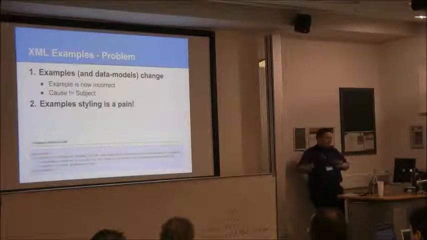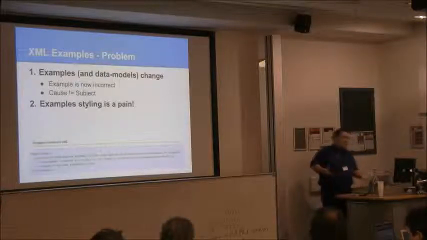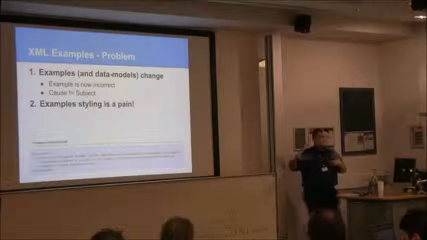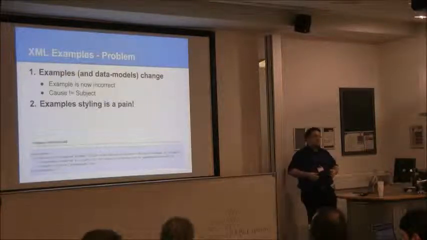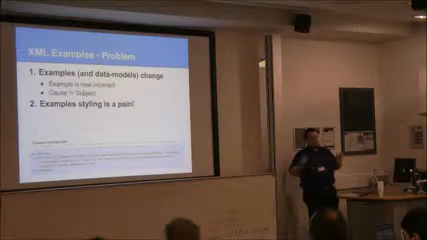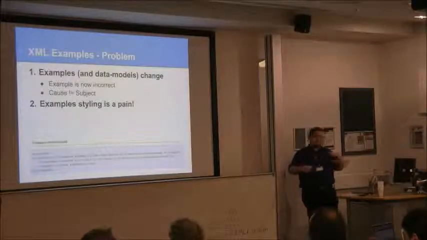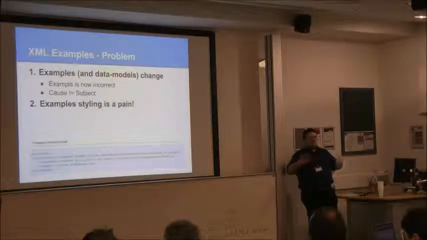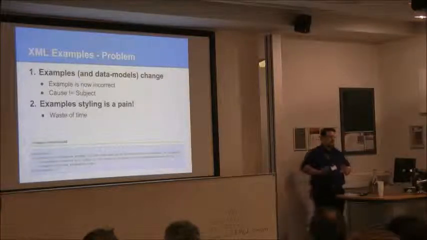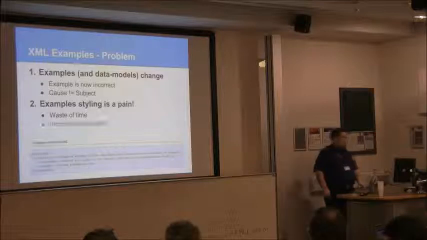Another slightly lesser problem, perhaps, is that the example styling is a real pain. Every one of these different colours and different elements, the attribute values, they're all marked up, and each one is a separate element in DITA with output classes that are going to tie into CSS classes later on. It's basically a complete waste of our time.